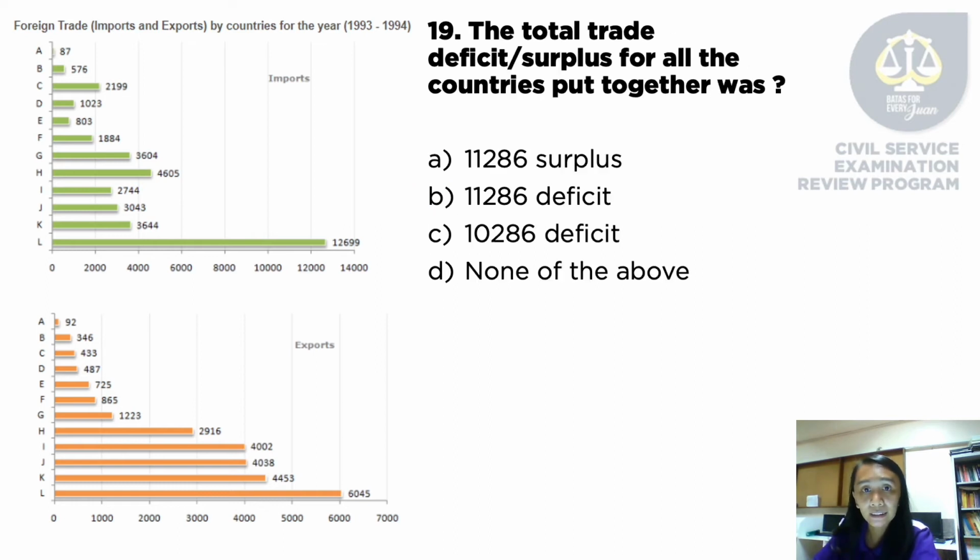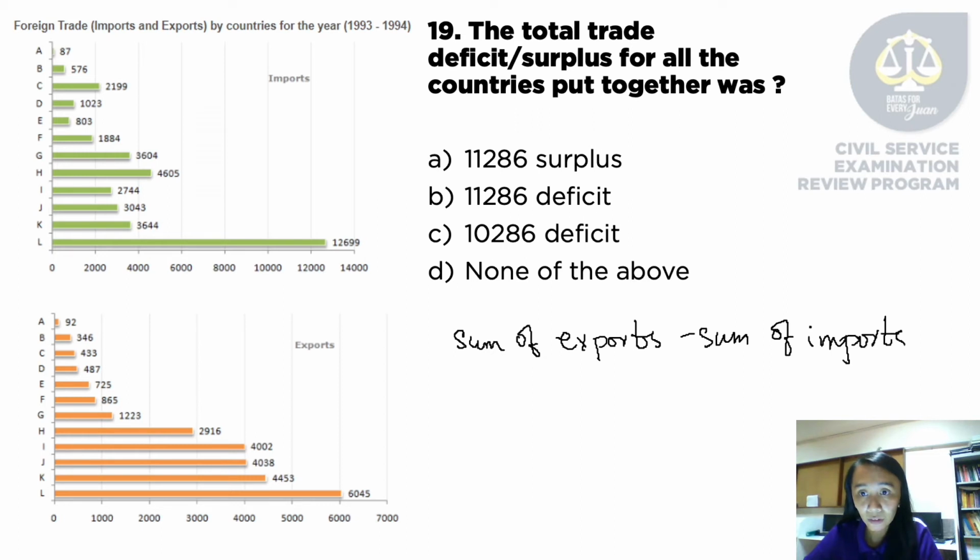Next, question number 19. The total trade deficit or surplus for all the countries put together was, what do we need to do? We need to sum the exports and sum the imports. The formula for this question is the sum of exports minus the sum of imports, which would give me the deficit.